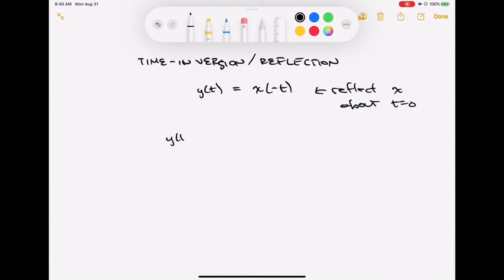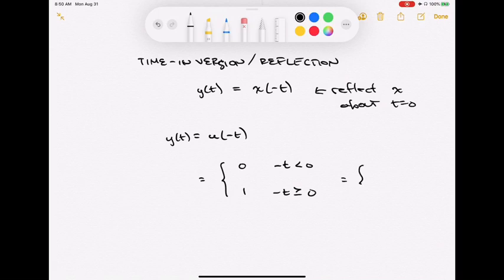If I take y of t equals u of minus t, the independent variable t is getting replaced with minus t, or multiplied by negative 1. An easy way is to look at the mapping rule. It's 0 when the argument, minus t, is less than 0, and it's 1 when minus t is greater than or equal to 0.